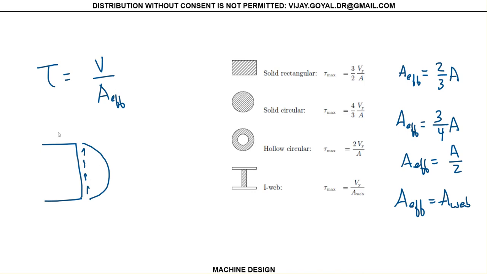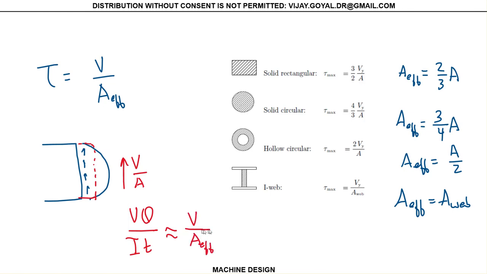So what we are doing is we are basically taking the average of the whole shear load and saying this is all over V. Okay, so this is V over A. That's the only reason we can possibly do that. Otherwise, you have to use the VQ over IT, this formulation. However, for many, many engineering problems, the approximation to this, to be effective, is good enough for the problems that we solve.